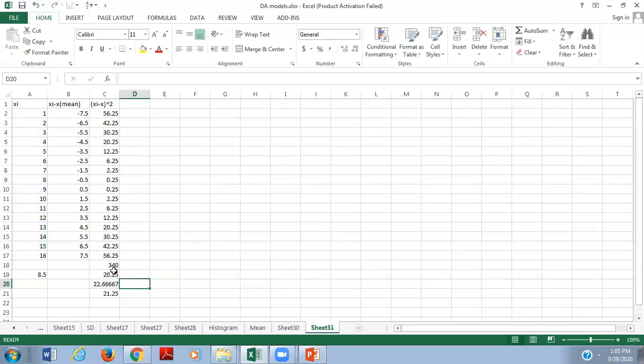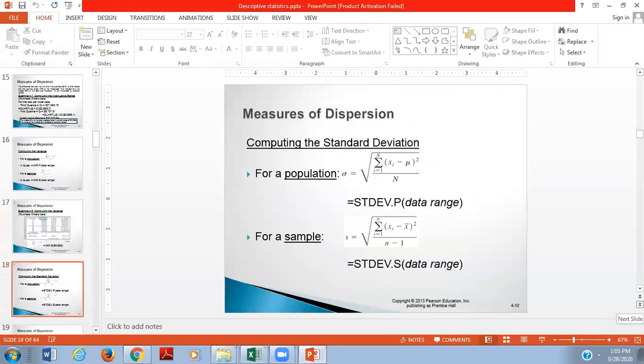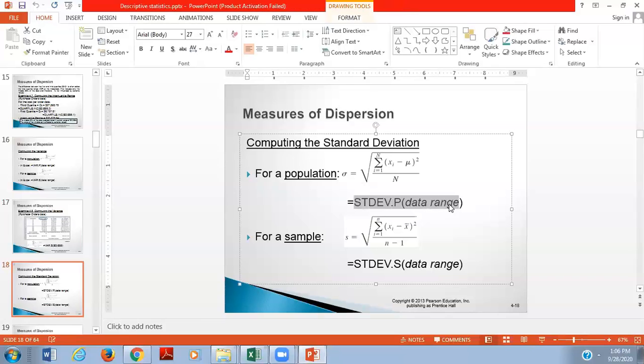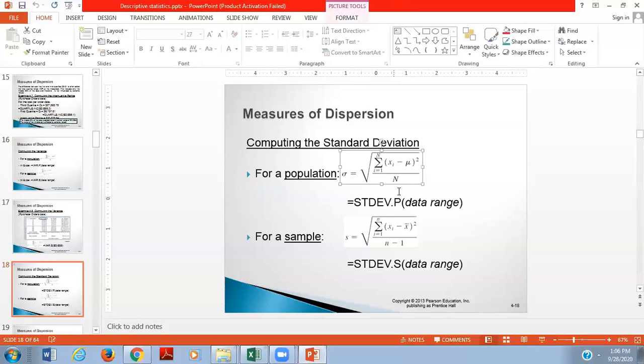So there are three values we have calculated in three ways, right? Now the next concept is standard deviation.